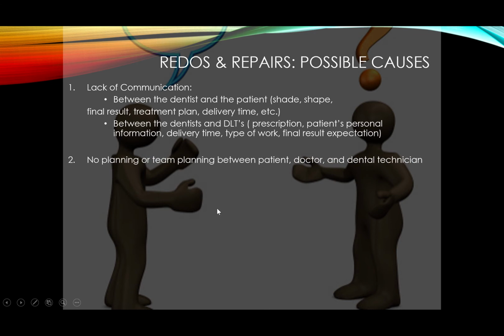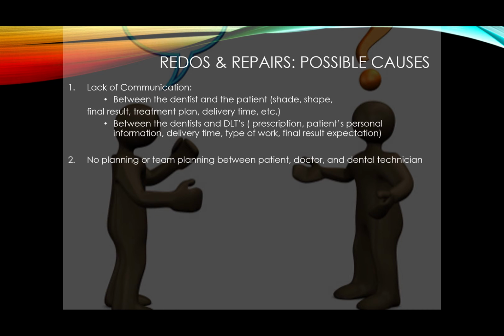Second possible cause would be no planning or team planning. There is information, but there is no planning or team planning. Sometimes I give you a bridge that doesn't look good. The reason it doesn't look good occlusally is because there is contact from the opposing, and there is over-eruption, and I didn't know that we would change the upper two, and I didn't ask, or the dentist didn't tell me.